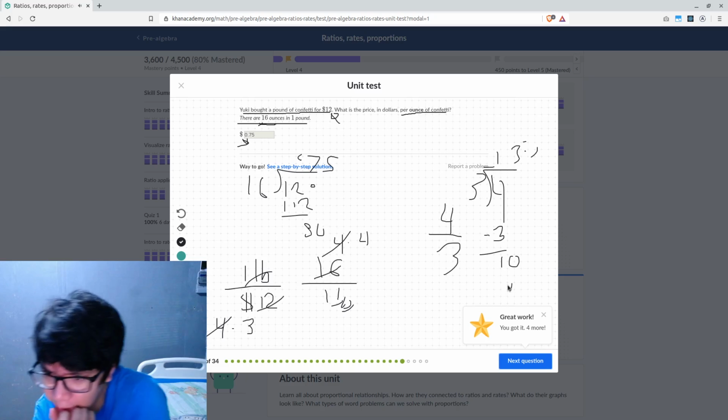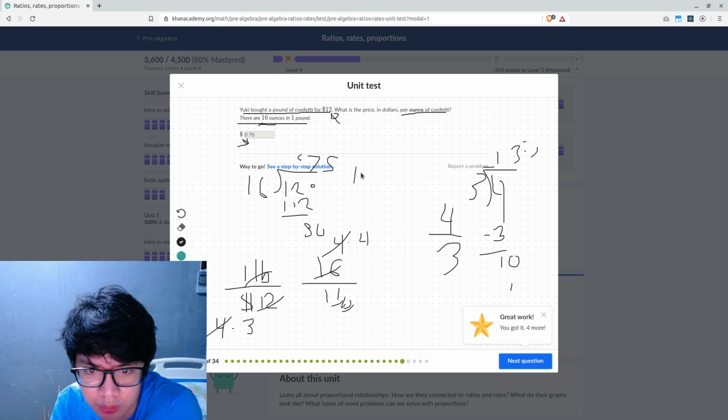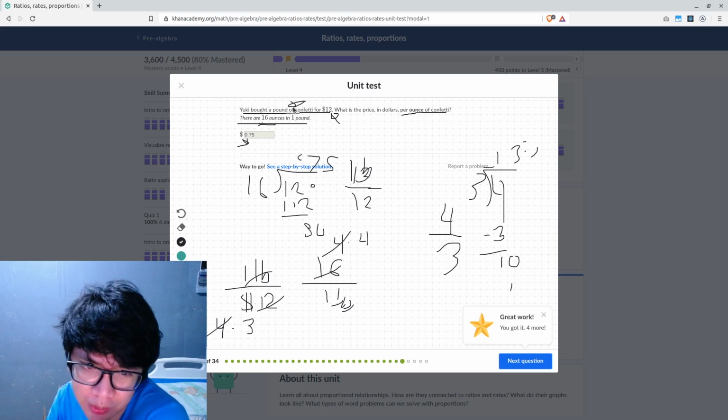But still, man, why? If I did a conversion, man. Okay, I'm using it wrong, obviously. But that's how we do it in my head, though. Oh, we have like 1 pound, right? 1 pound per what? We have 12 per pound. Or maybe because this is not really per.